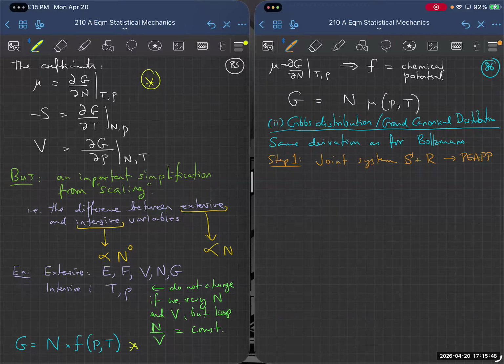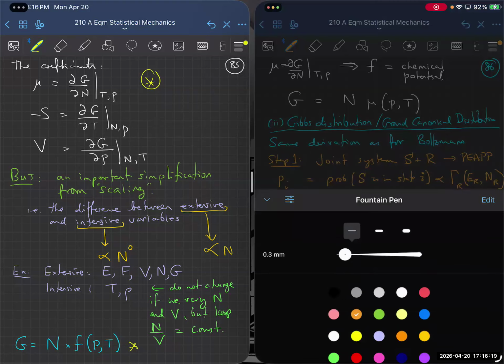And so that means that the probability of finding the system in a quantum state i is the probability that the system S is in quantum state i, and that is then proportional to the number of states of the reservoir when it has E_R and N_R energy and number of particles. Okay, so that's step one.